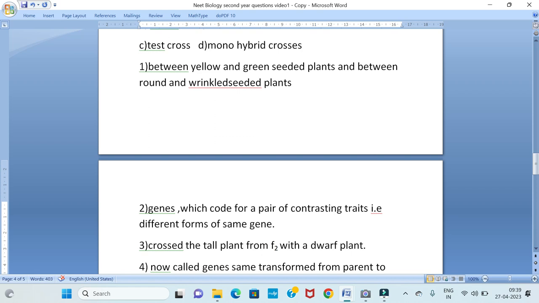Monohybrid means between yellow and green seeded plants and between round and wrinkled seeded plants. So in hybrid crosses they experimented between yellow and green plants and between round and wrinkled seed plants.